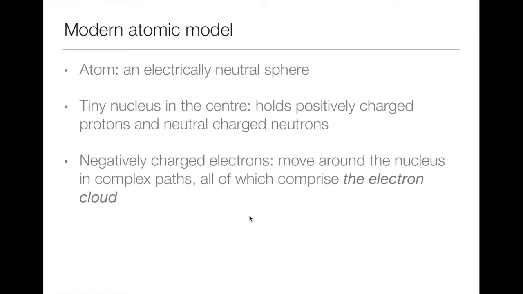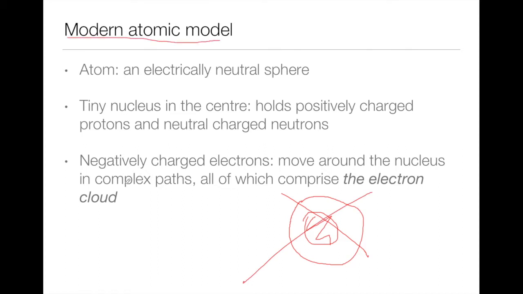We have abandoned this belief that this is the atomic structure: the nucleus here in the center, and in circular paths the electrons. No, this is no longer reality. The modern atomic model says that the negatively charged electrons move around the nucleus in complex paths, randomly.